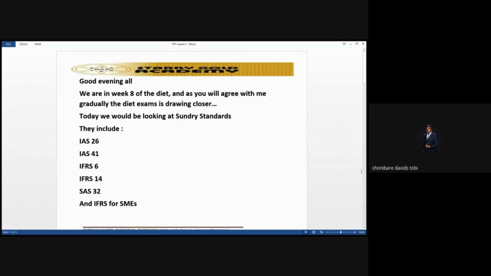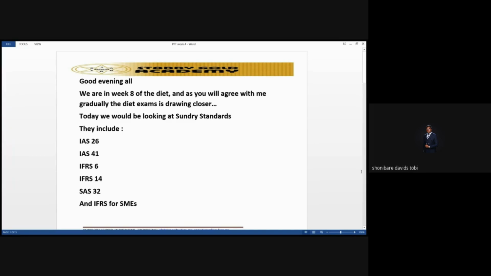Now, when we talk about IS 41, it sets out the accounting for agricultural activity. You ask yourself, you go to a farmland, you see their crops, you see their animals. How do they recognize assets inside their books, for a company that deals in agricultural activities? How will they present some of these things that they are doing?